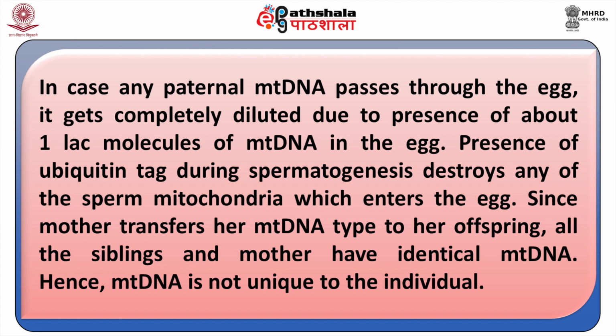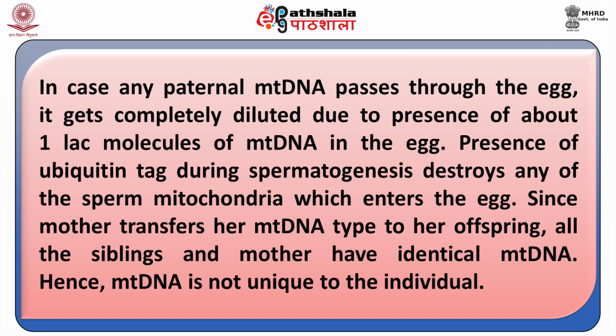In case any paternal mitochondrial DNA passes through the egg, it gets completely diluted due to the presence of about 1 lakh molecules of mitochondrial DNA in the egg. The presence of a ubiquitin tag during spermatogenesis destroys any of the sperm mitochondria which enter the egg.